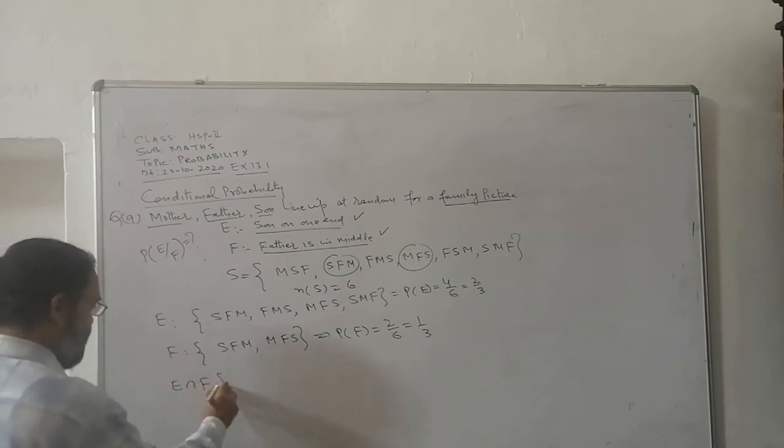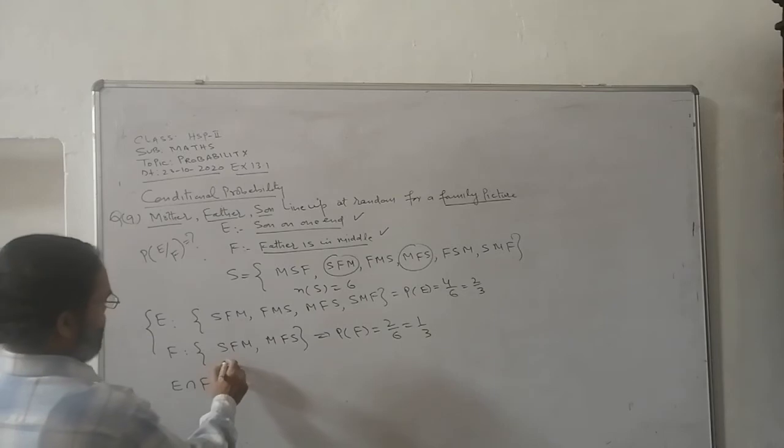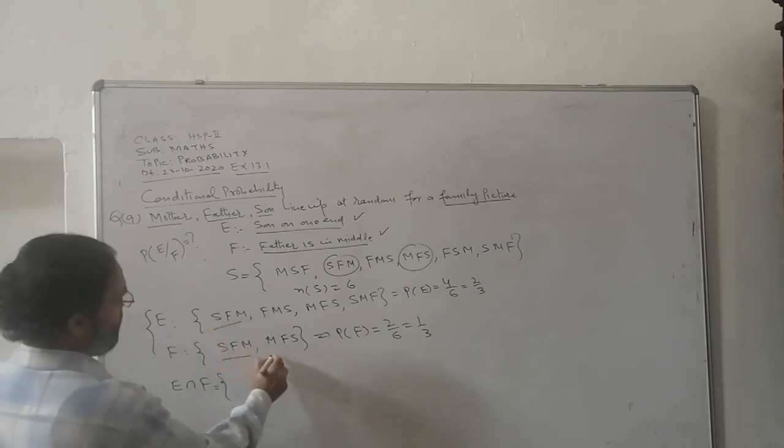Now if I find E intersection F, it has 2 points.